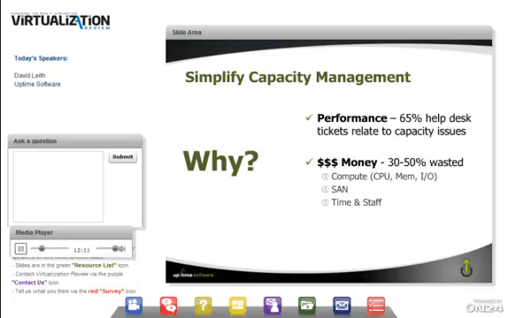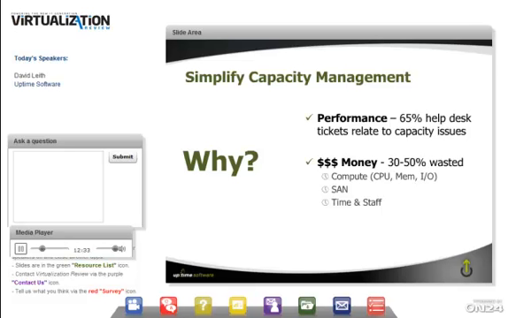Right, we also find that about 30 to 50% of the resources are actually wasted in the environment. So either over-allocation of CPU or memory, I/O resources purely based around kind of fear of capacity spikes. Certainly SAN storage is immensely expensive and find that it'll be used in large environments for things that it just shouldn't be used for.